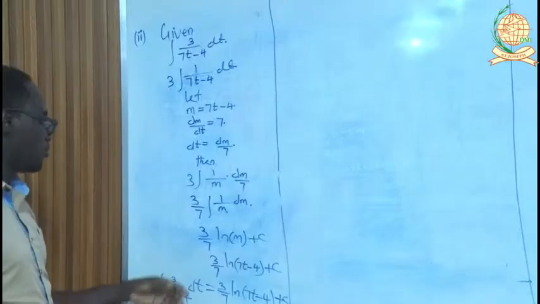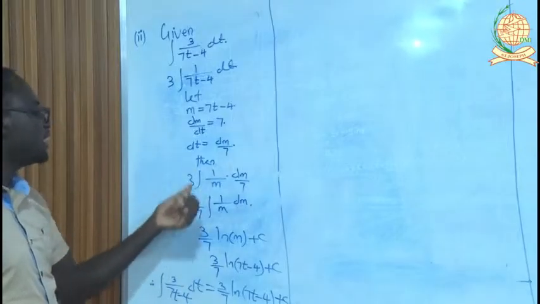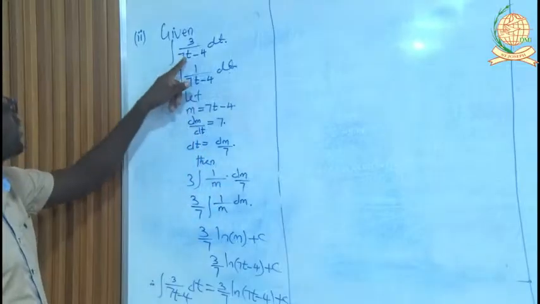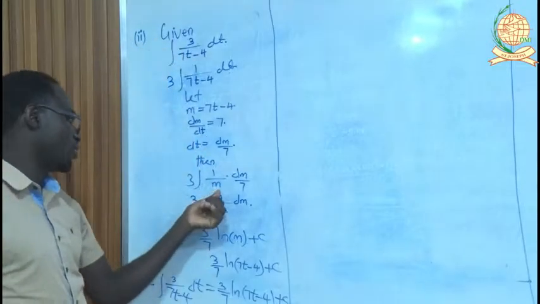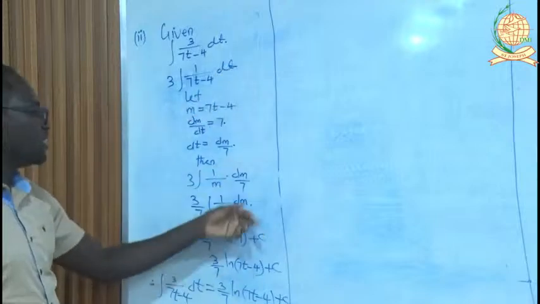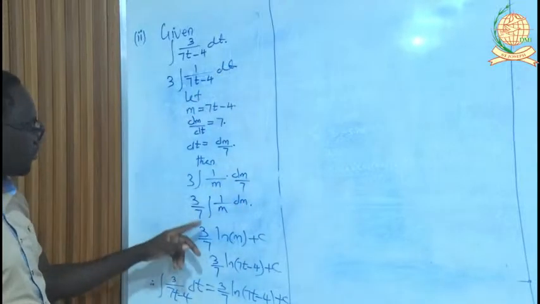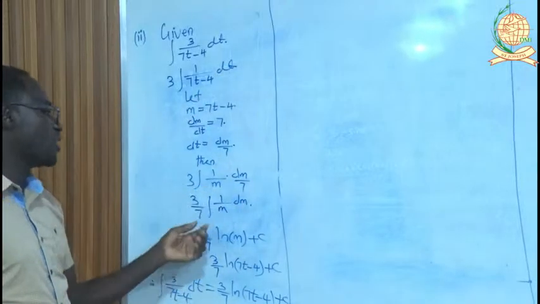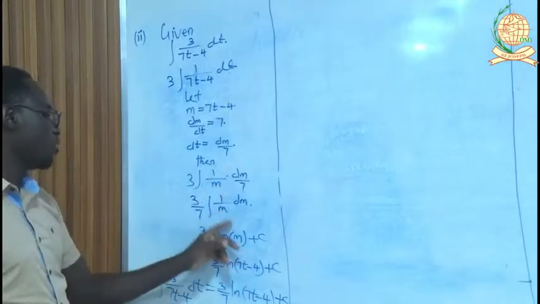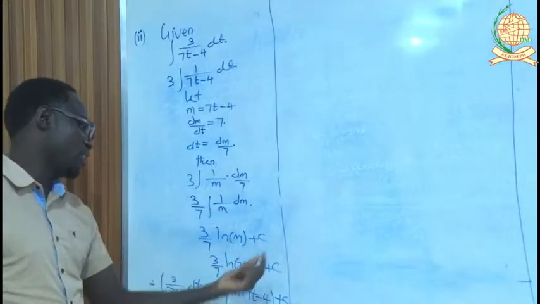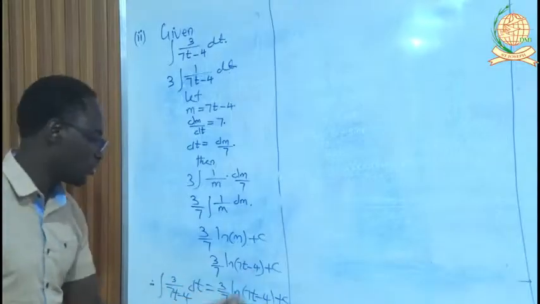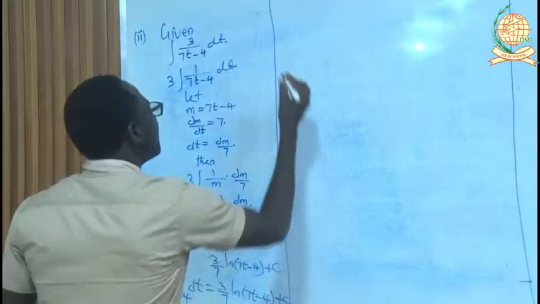Then back to the original equation, 3 integral of 1 over 7t minus 4, which is m, dt, dm over 7. So it is 3 over 7, integral of 1 over m, dm. To integrate 1 over m, we get ln m, then plus constant c. Now the answer is equal to that one.